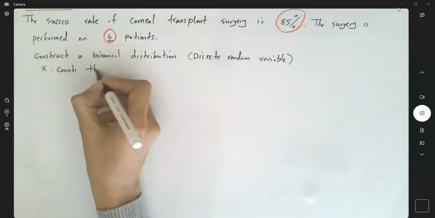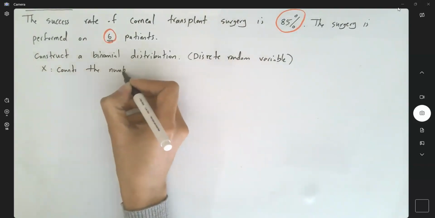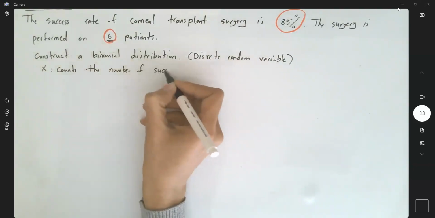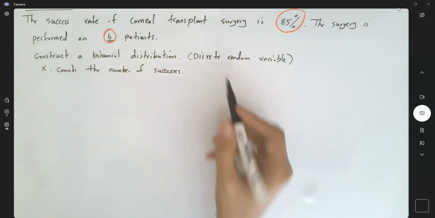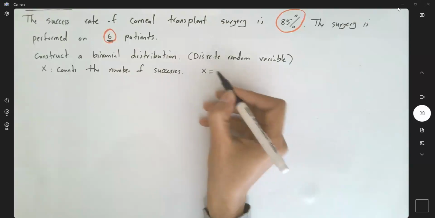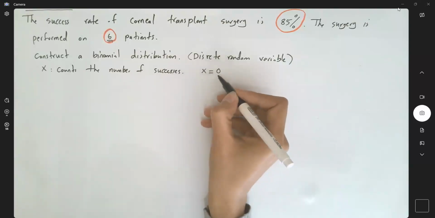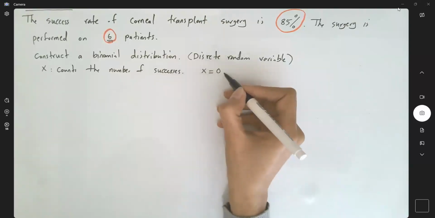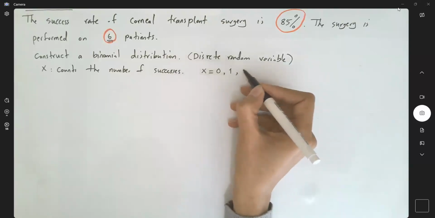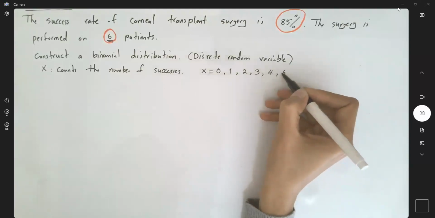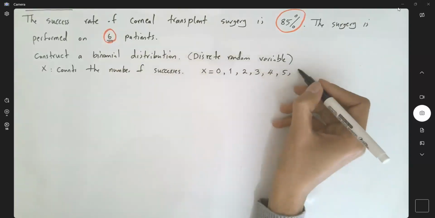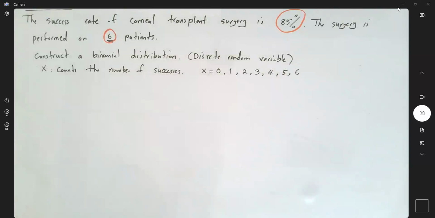In the surgery, you might have no successful surgeries, so 0 successes, or 1 successful surgery, or 2, or 3, or 4, or 5, and at most 6 successful surgeries. It's a binomial distribution.